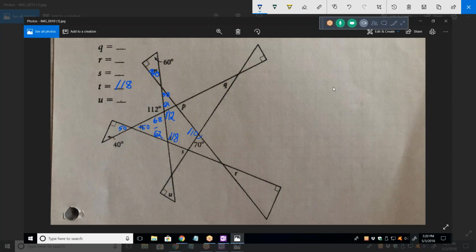Which makes the lower right one? 82 degrees. Which makes P? Also 82 degrees. Got it. Oh, that's not one that they're looking for. Okay.